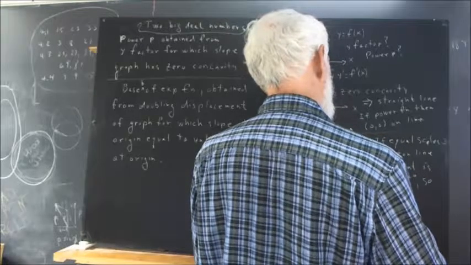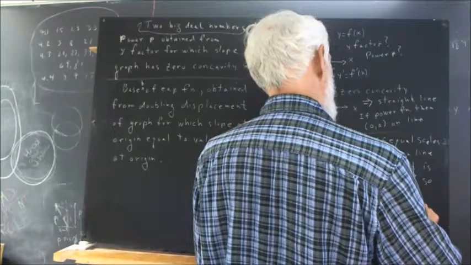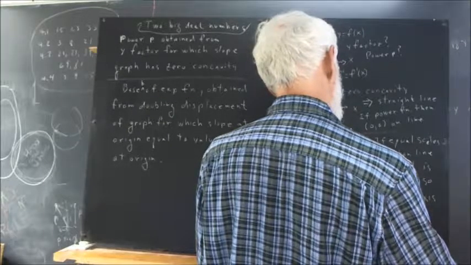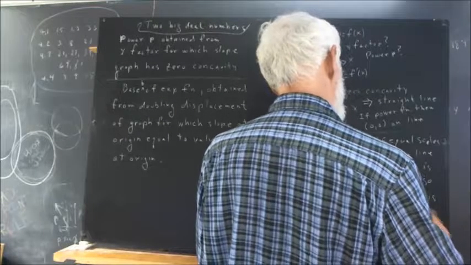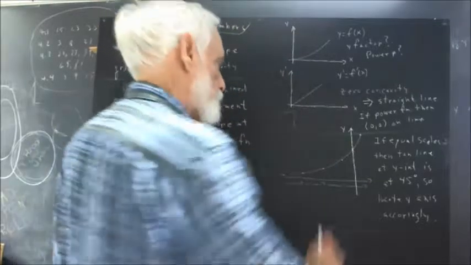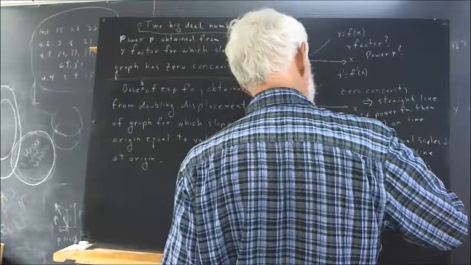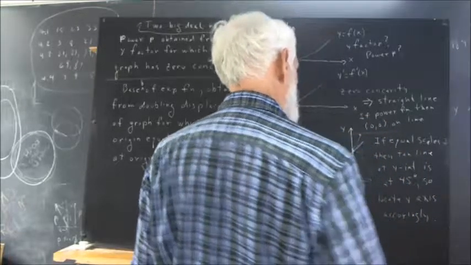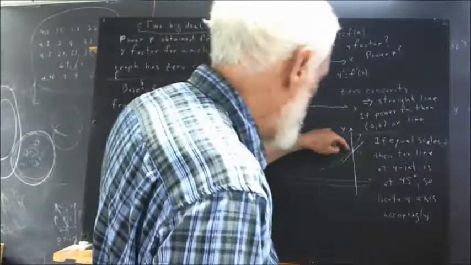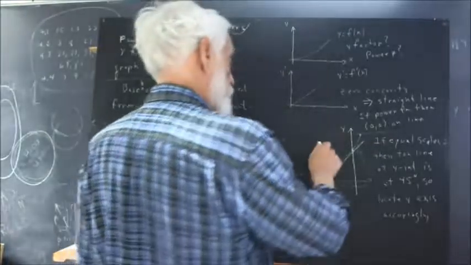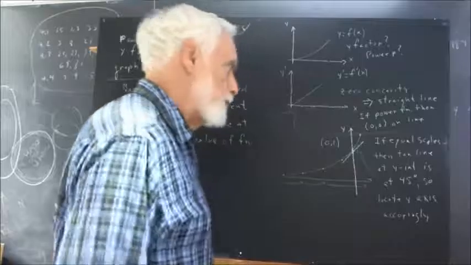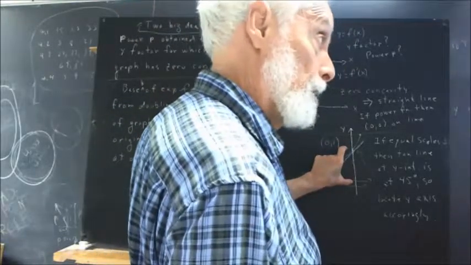So locate the y-axis accordingly. Right here, the tangent line is at 45 degrees, so the y-axis has to be here. Now, this point has to be (0, 1), which means that 1 is this big.